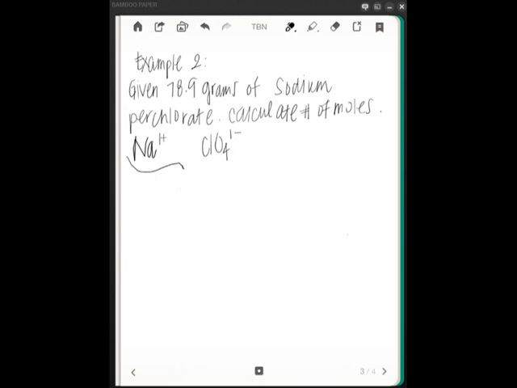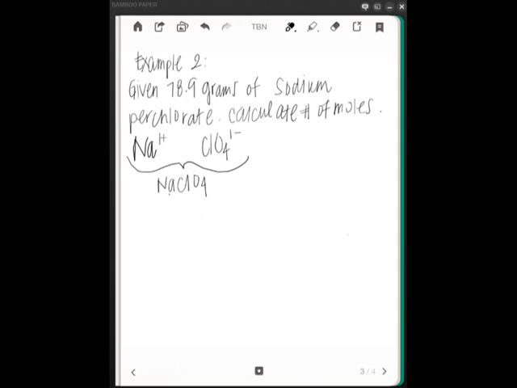When you put these two together into a compound as sodium perchlorate, it's just NaClO4.